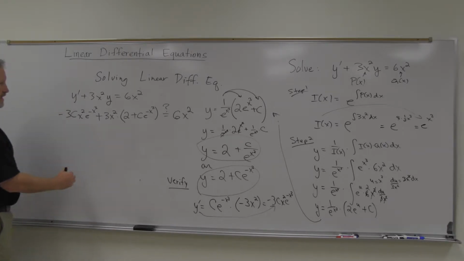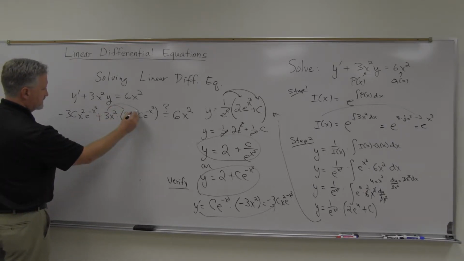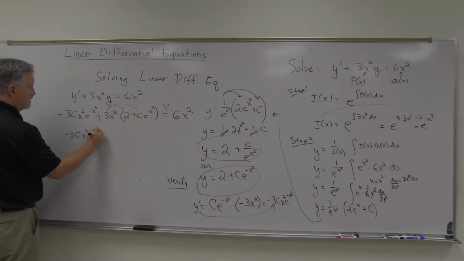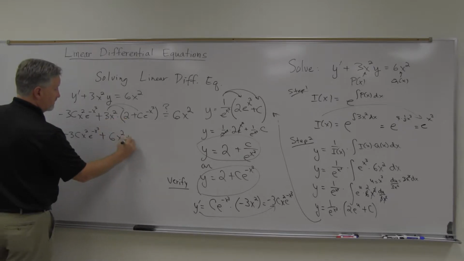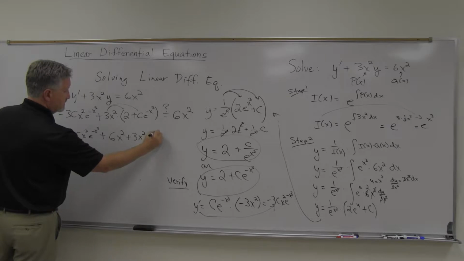All right, so looking at that left side here, there's our 6x squared. Let's distribute that: 3c x squared e to the minus x cubed, plus 6x squared, plus 3x squared c e to the minus x cubed.